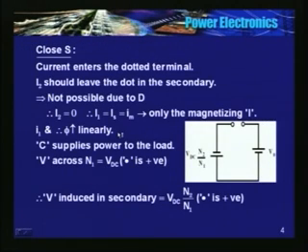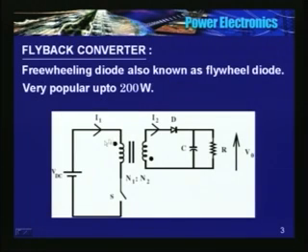Current enters the dot when I close the switch. Current cannot leave the dot because of this diode. So primary current is only the magnetizing current, increases linearly. Voltage applied to the primary is VDC. The reflected voltage or voltage induced in the secondary is VDC divided by N1 multiplied by N2.